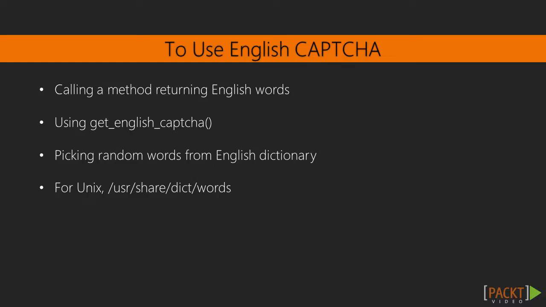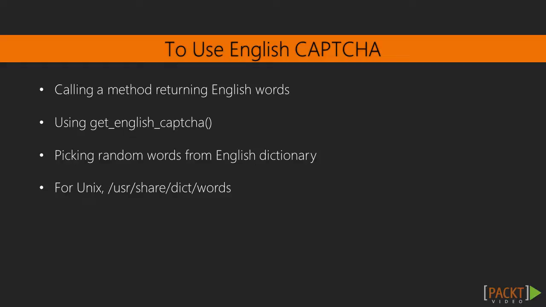For example, maybe a user wants to always use English words as the CAPTCHA challenge. If this is the case, we want to be able to just call a method to provide us with the results like that. This method could be getEnglishCaptcha, and with the random logic of this constructor, we would then construct that method to pick random words from the provided English dictionary.